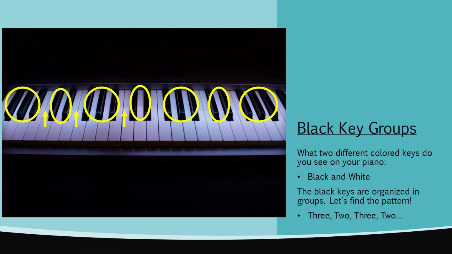If you have a full-size acoustic piano or a digital piano, you're going to notice that the lowest black key on that piano is actually 1 all by itself. It's a group of 3, but only one of them is there. And then there's that gap, and then you'll see 2, and a gap, and 3, and so on. So the basic pattern for all the different keyboards is groups of 3 black keys, groups of 2 black keys, just alternating back and forth.